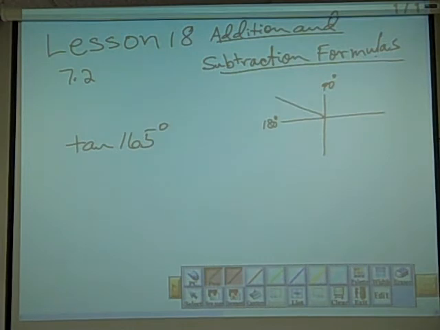165 is going to be in quadrant 2. So that's tangent theta equal to tangent of 165 degrees. So we would want to find the reference angle for that, and that's what we're going to work with. Well, 180 minus 165 is going to give us 15 degrees.